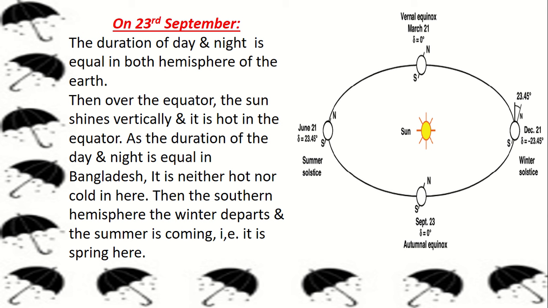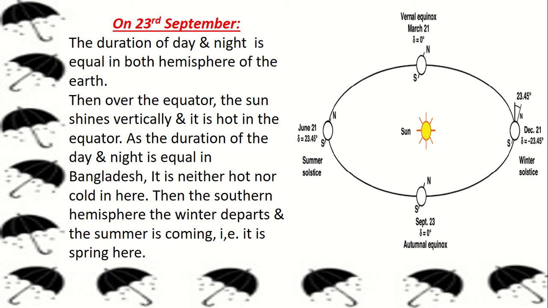Consequently, the day gradually becomes shorter and night longer in the Northern Hemisphere, and in the Southern Hemisphere, the day gradually becomes longer and night shorter. So what happened to the Earth? Follow. Again I am telling, the day gradually becomes shorter and night longer in the Northern Hemisphere, and in the Southern Hemisphere, the day gradually becomes longer and night shorter.